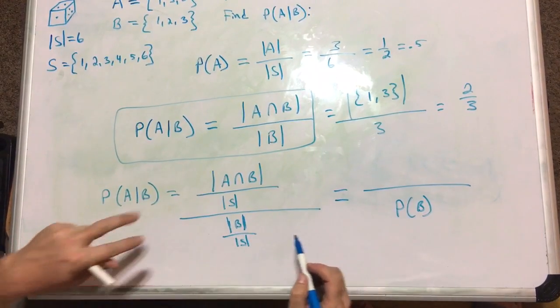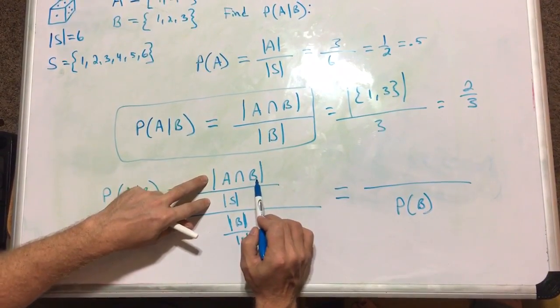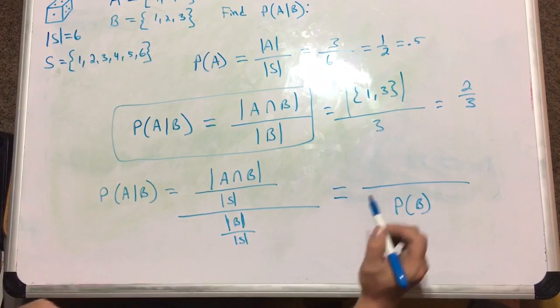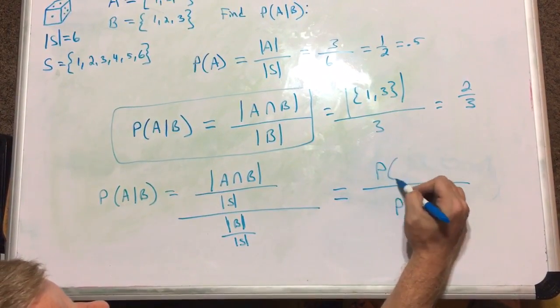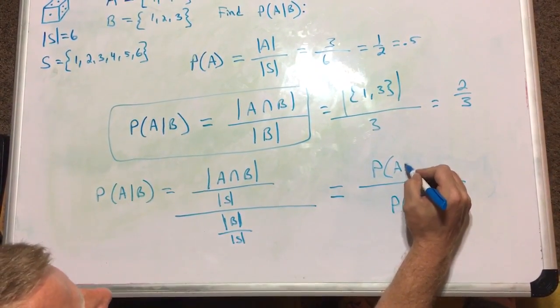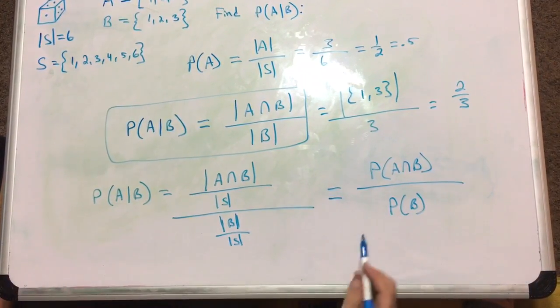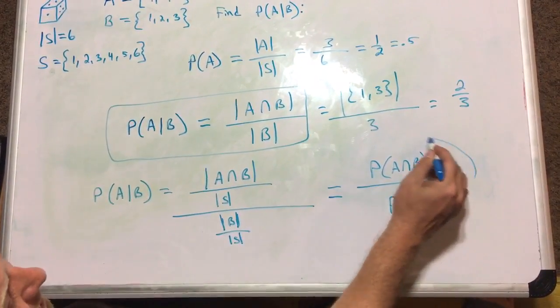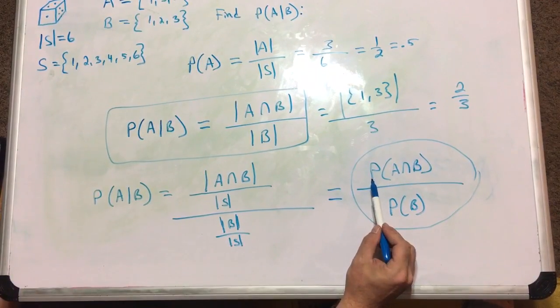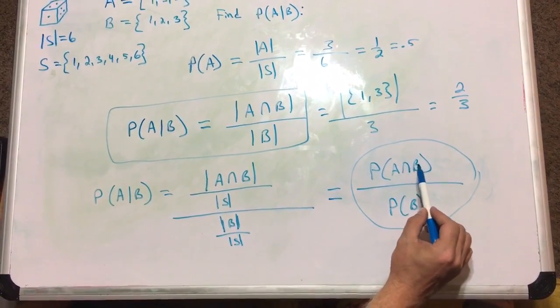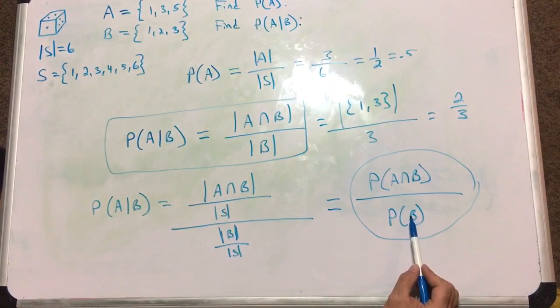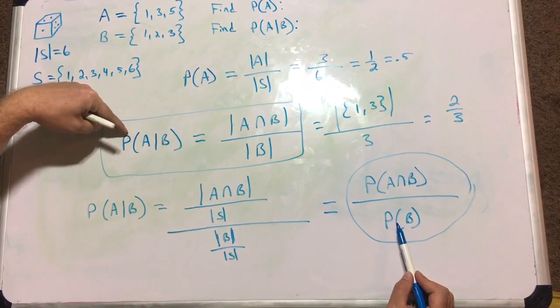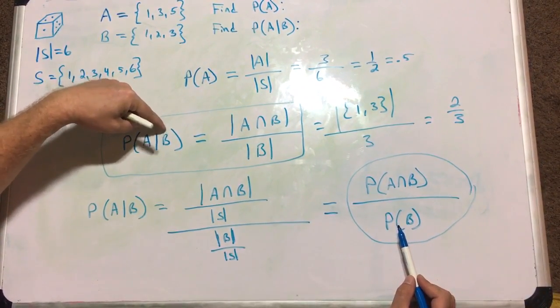Simple as that. Now we have A intersect B all divided by S. So this is actually the probability of A intersect B. So your final form is this right here: the probability of A intersection B divided by the probability of B is the same thing as the probability of A such that B definitely occurred.